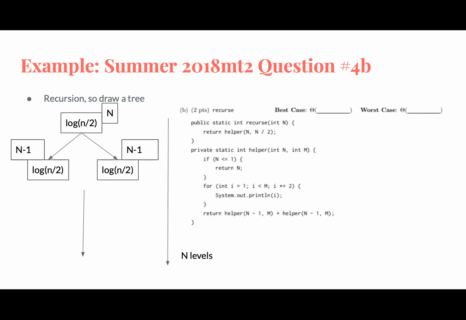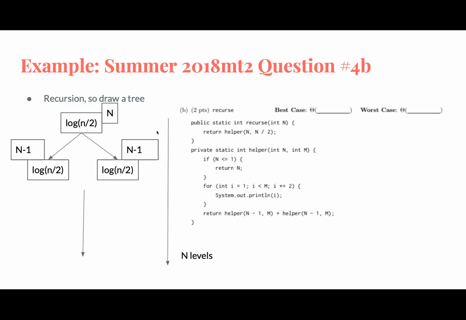So the for loop executes log of n divided by 2 times. This is because we are multiplying i by 2 each time. Okay, so after that, we want to do 2 recursive calls. So helper of n minus 1, m and helper of n minus 1, m. So same thing. And then this is going to give us this tree structure.